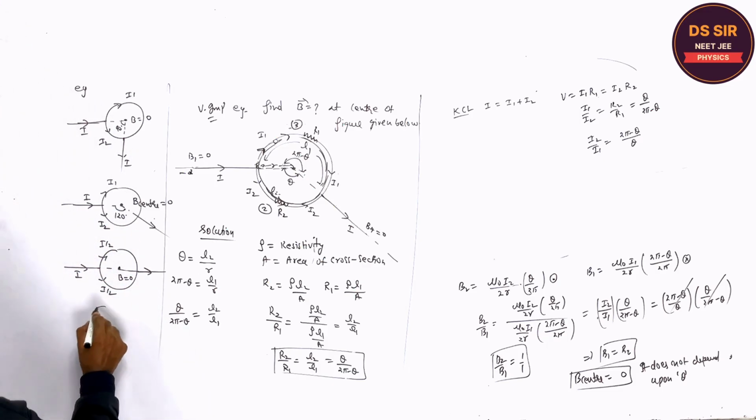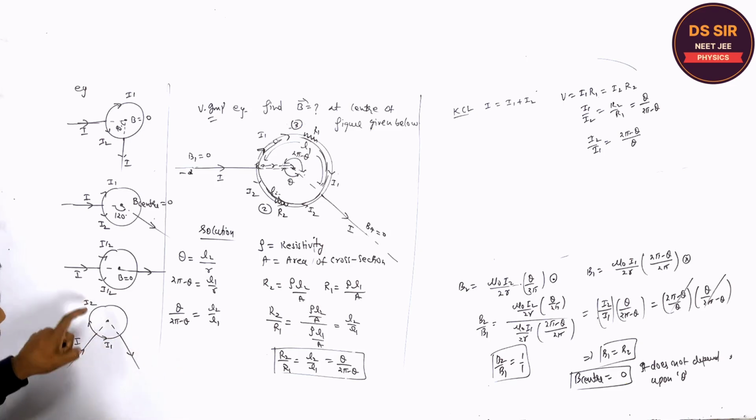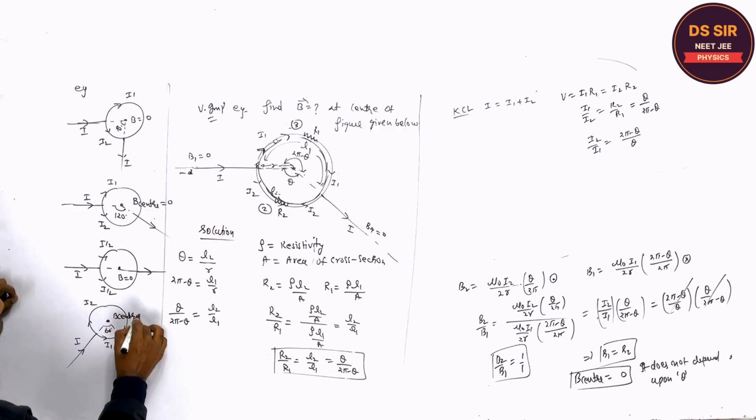Are you getting it or not? Suppose this is the current carrying wire, some current goes like this, it is I1, and the other is I2. We do not need to find the values of I1 and I2. Suppose the angle is 60 degrees over here. What is the magnetic field at the center? 0.